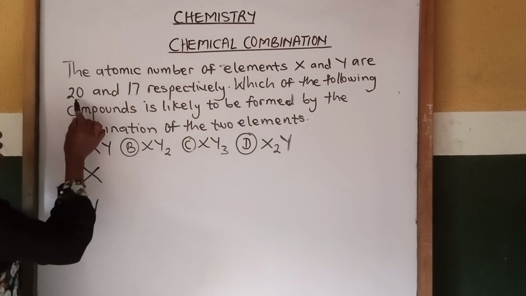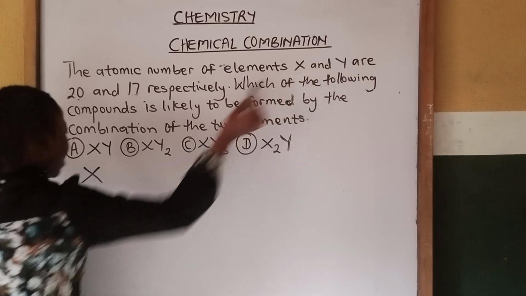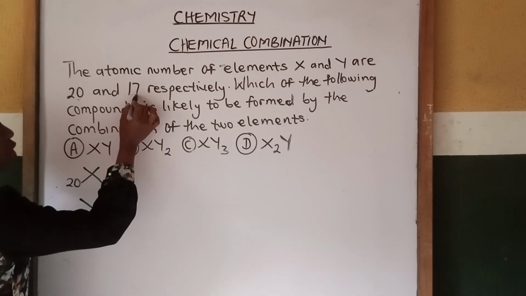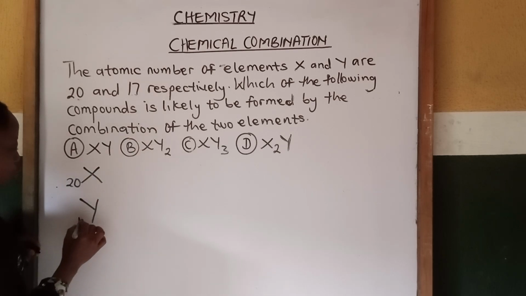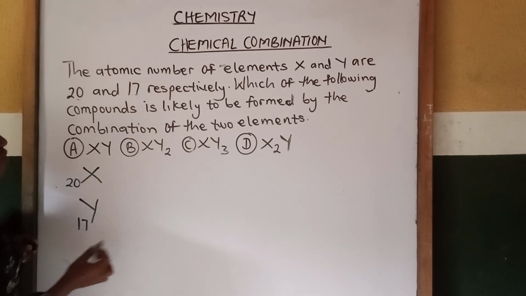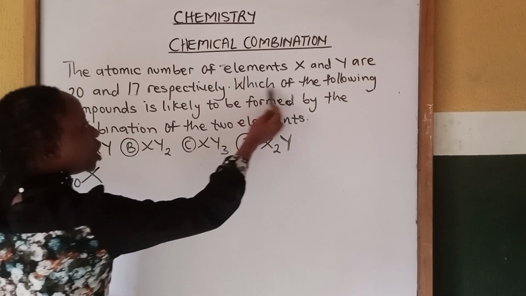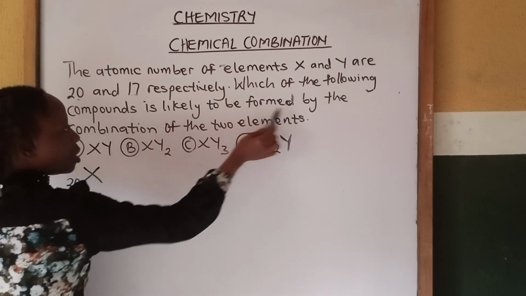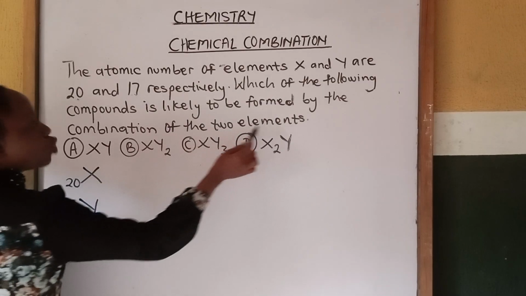So the atomic number of the first element is equal to 20, while the atomic number of the second element is equal to 17. The question says, which of the following compounds is likely to be formed by the combination of the two elements?